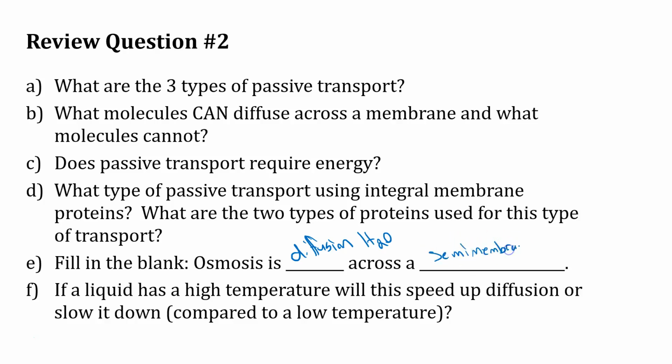There has to be a separation in solutes. Semi-permeable meaning water can pass in between, but not all of the solutes. There has to be a difference in saltiness between the two locations of movement for water in order for the water to be drawn from one location to another.